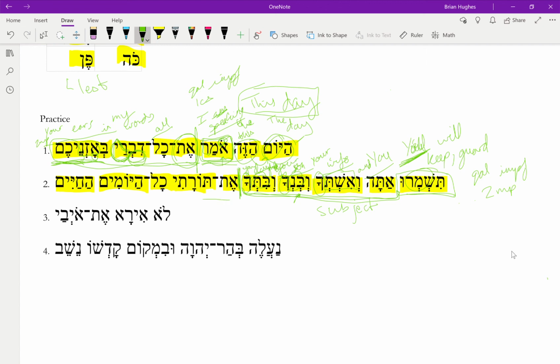Et, what are we guarding? Torati, torati. And so here we have a hirek yod ending, which is the first common singular, meaning my. Torat is our possessive form for Torah, which is my instruction. And it's not instructions because we don't have the cholam vav tav or a patak yod here. So you shall keep all my instruction, or my Torah, perhaps. Kol is all, every, or whole. Hayomim. Here we've got yom and a masculine plural ending and a definite article.